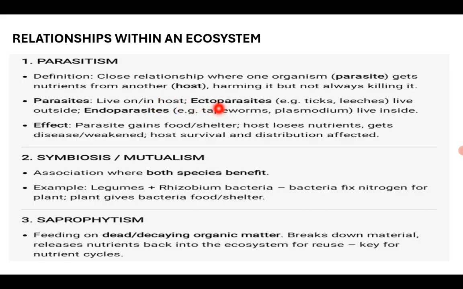There are two types of parasites. We have what are called ectoparasites. These are external. The word ecto means external. These are parasites such as ticks and leeches. These live outside the body.